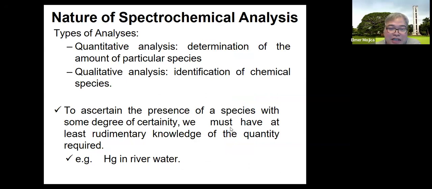So in the type of spectrochemical analysis, in spectrochemical methods, yung spectroscopy is used for the identification of chemical species, which is the qualitative one, and determination of the amount of a particular species, which is the quantitative one.